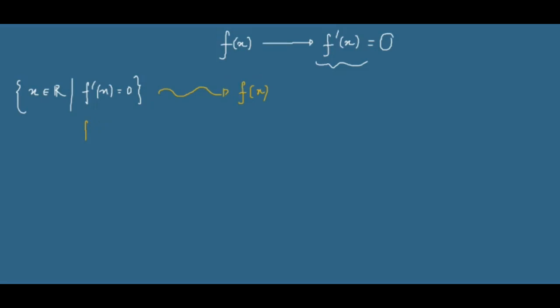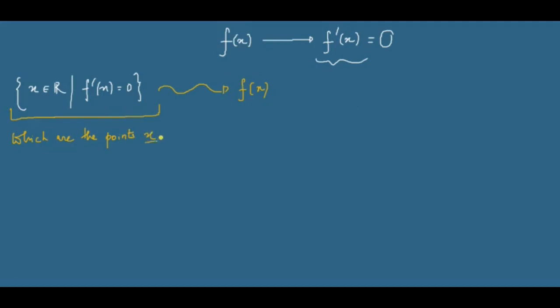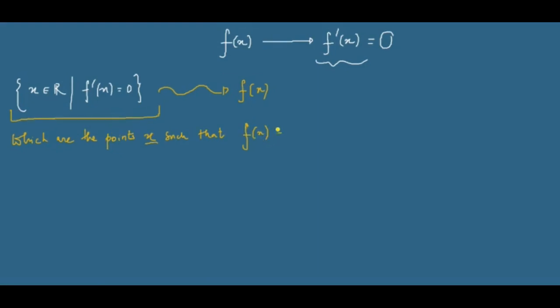If you think deeply enough and try to connect things, what exactly is this measuring? The points were either the maxima or minima. Locally, which are the points x around which f(x) becomes constant?